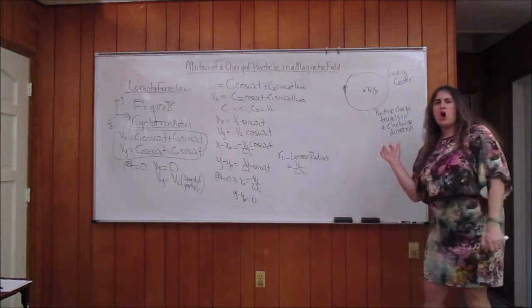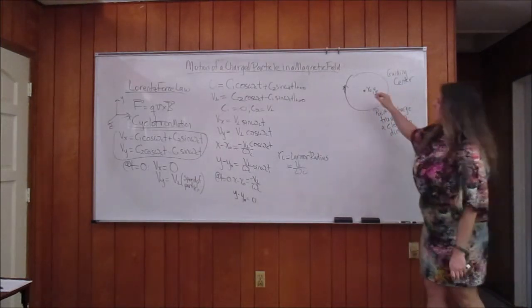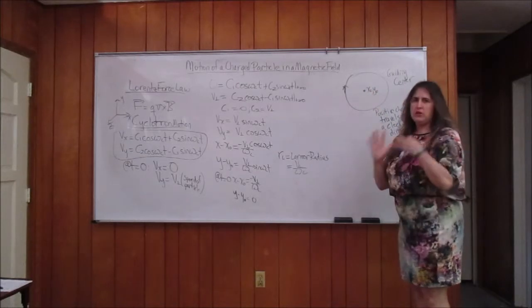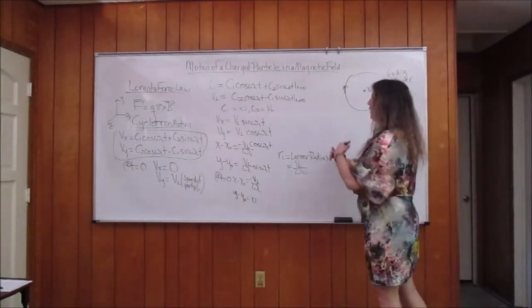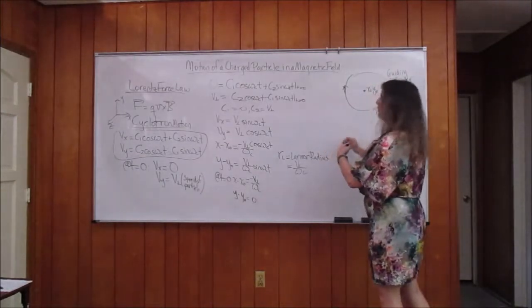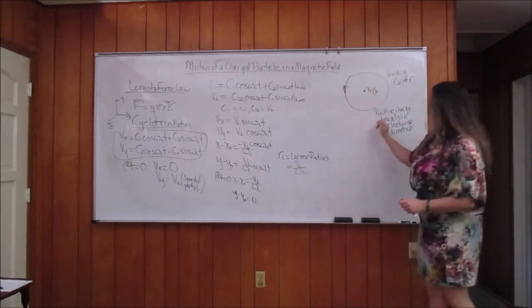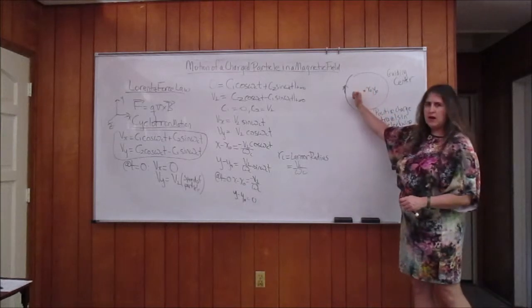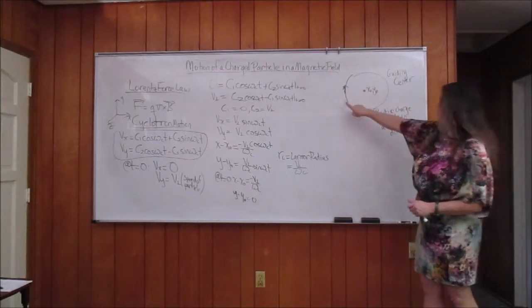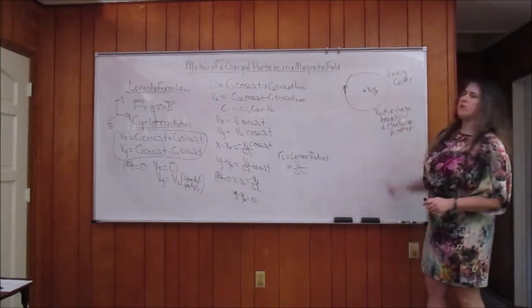The magnetic field causes it to turn. So if this particle has no initial velocity component along the z-axis, in other words, along the direction of the magnetic field, it's just going to circle about. In the case of a positive charge, if the magnetic field is directed out of the board, the positive charge will travel in a clockwise direction.